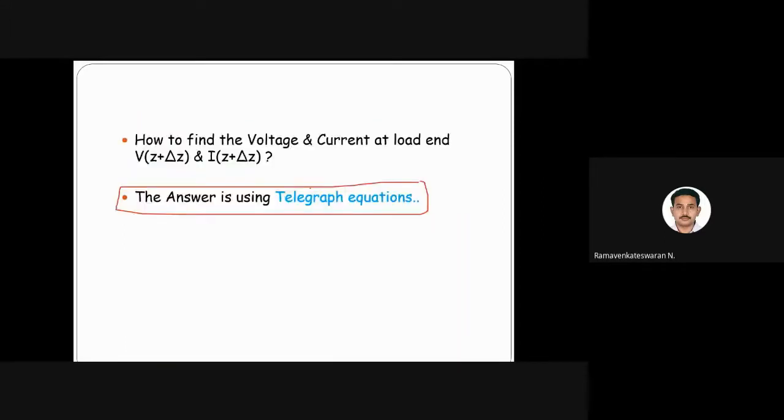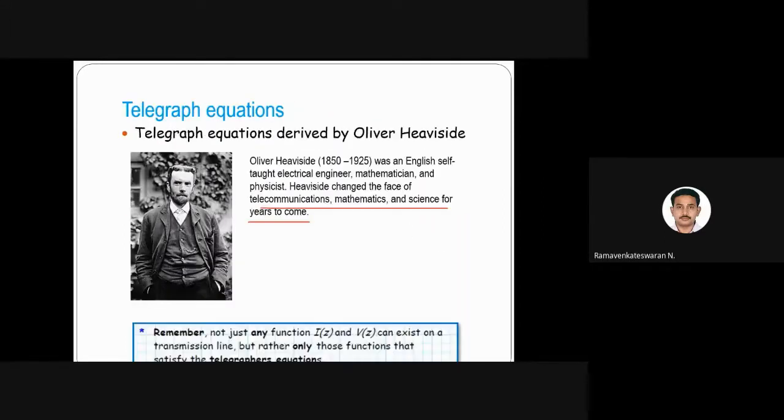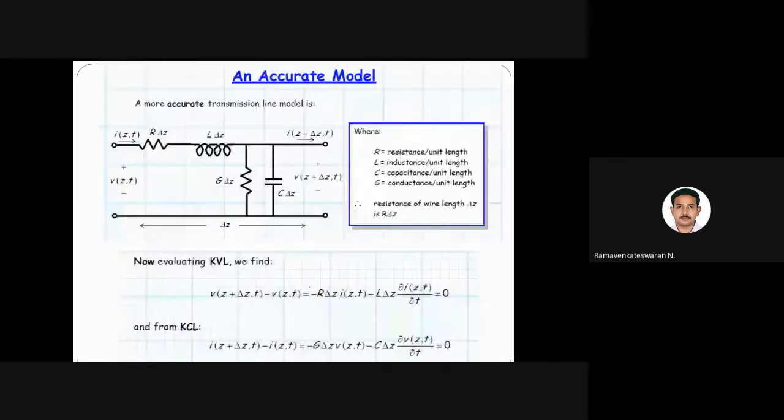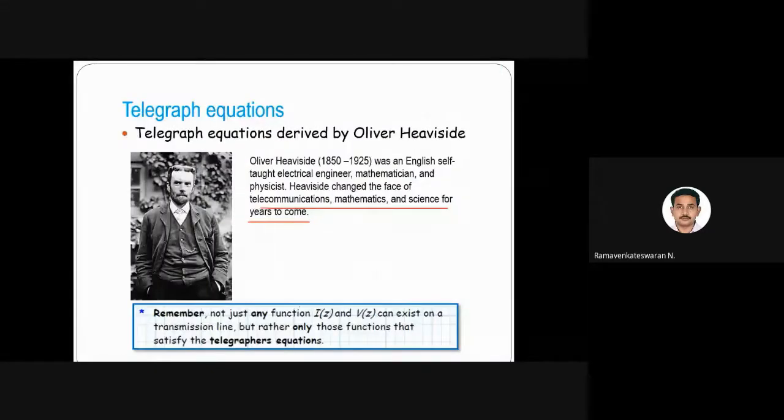So I'm going to these equations. Before that, remember, not just any functions I of z and V of z can exist on a transmission line, but only those functions that satisfy the telegraph equations.